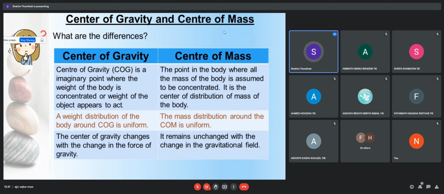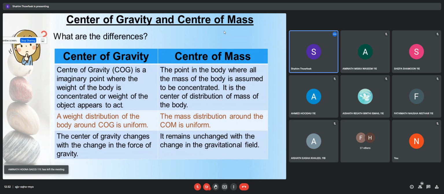If the mass is constant and the shape is constant, center of mass is fixed. It is not changing if we change the gravitational field strength. But the center of gravity will change according to the force of gravity. One more difference you can remember: center of mass depends upon the mass of the object, how it is distributed. That's one more point you can identify.